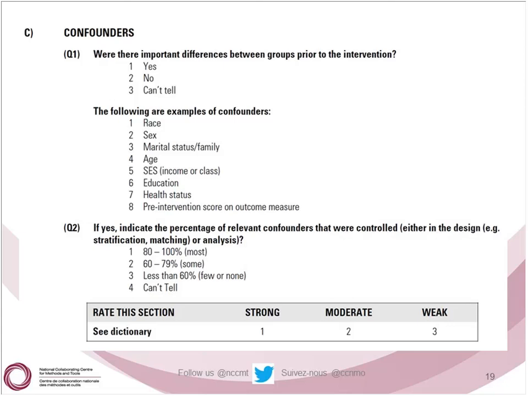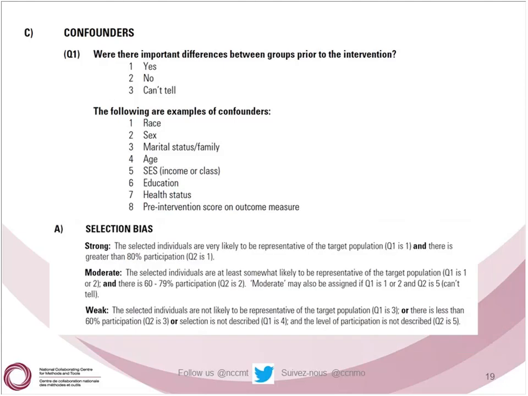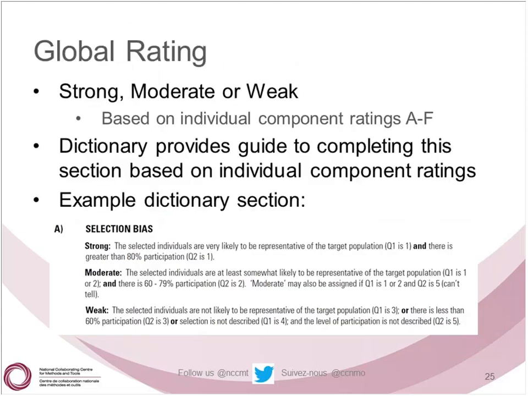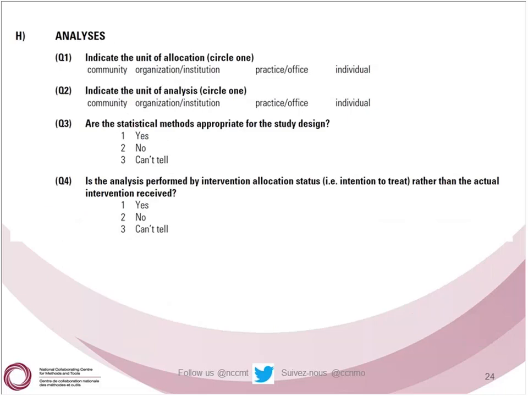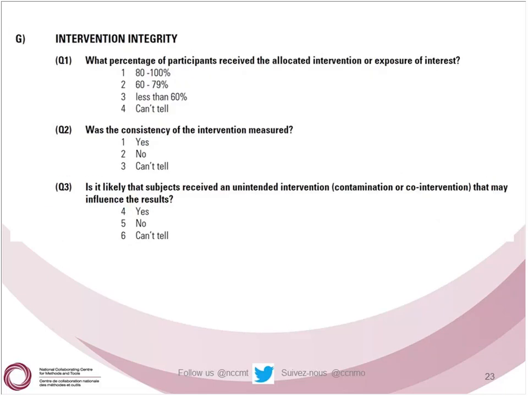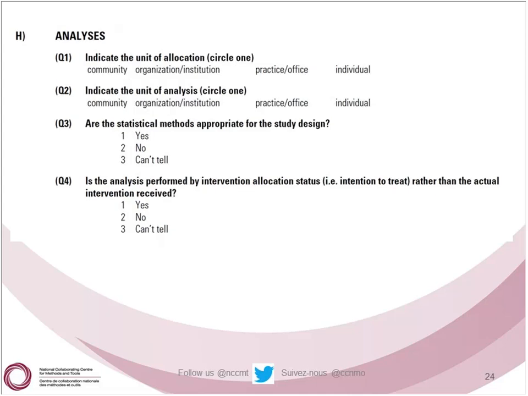I'm going to take us back to where we were here. Once we've provided an overall rating for the first A through F, and if I just go back here for a minute, these last two items, intervention integrity and the analyses, are not considered in the overall score.